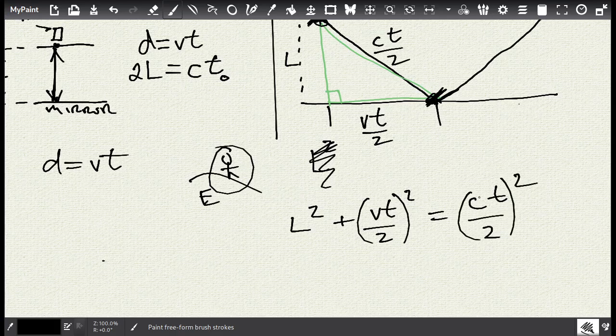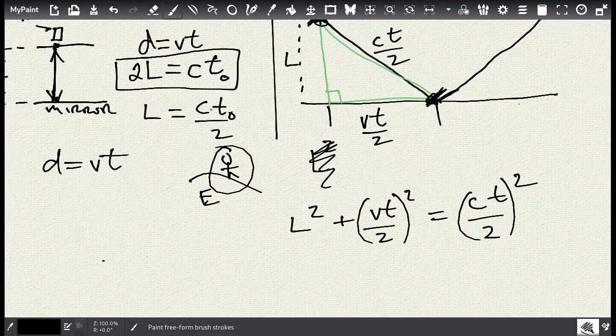Now, wait a minute. There's no t naught in this equation. So what I'm going to do is I'm going to come back up to here, and I'm going to solve for L. And I'm going to say L is equal to c times t naught divided by 2. And now I'm going to substitute this equation in for this L here.